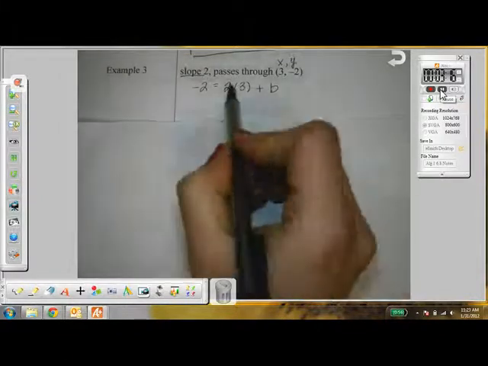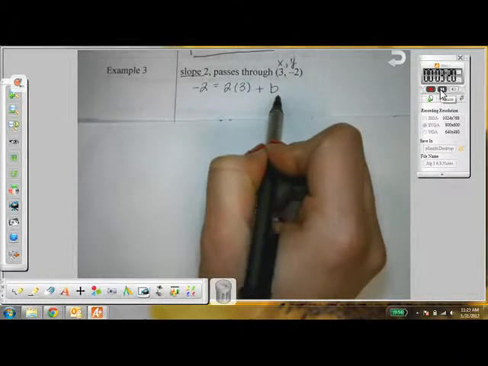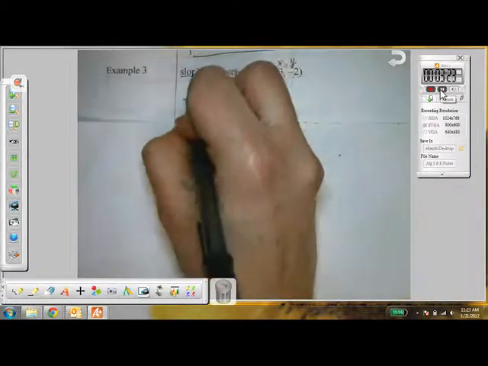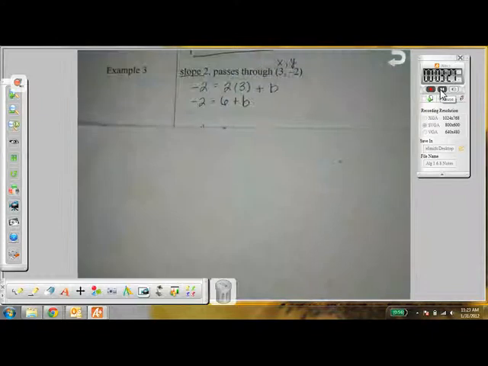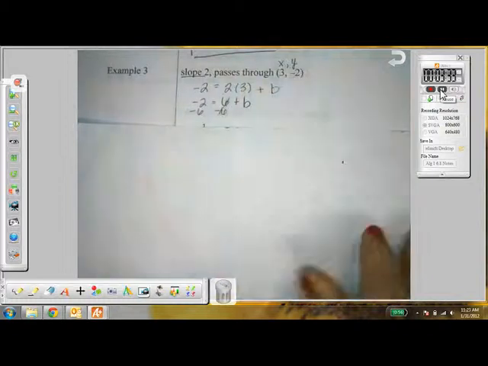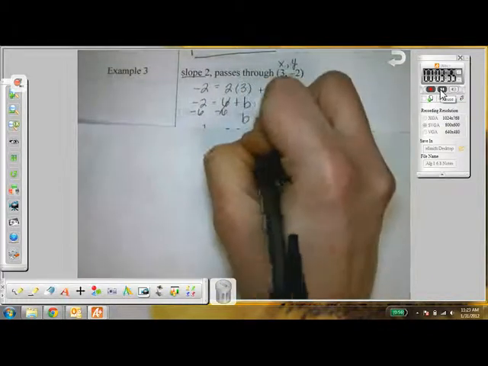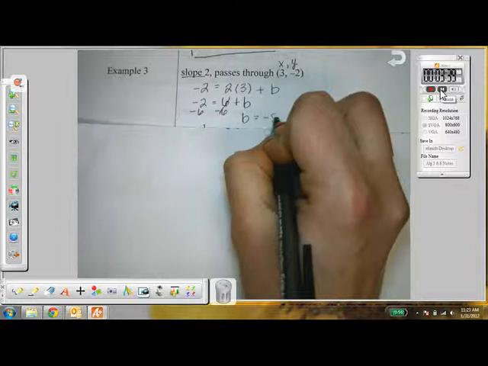So I have y equals mx plus b. What's 2 times 3? 6. So negative 2 equals 6 plus b. And how do I solve for b? Subtract 6. So we get b equals? Negative 2 minus 6 is? Negative 8. Okay, we're not done yet.